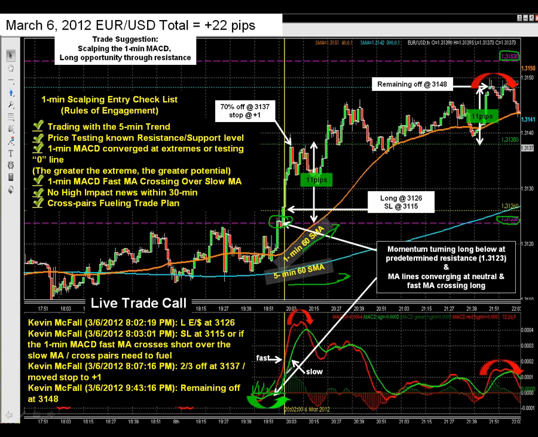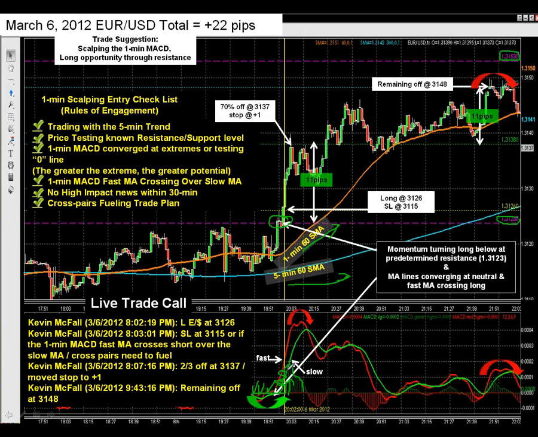You can see this histogram developing here, and there's our bars moving long. So now we have the MACD converged at testing a 0, and the fast moving average crossing over the slow. As we're doing that, we are breaking through this resistance, and that's the momentum as divergence.